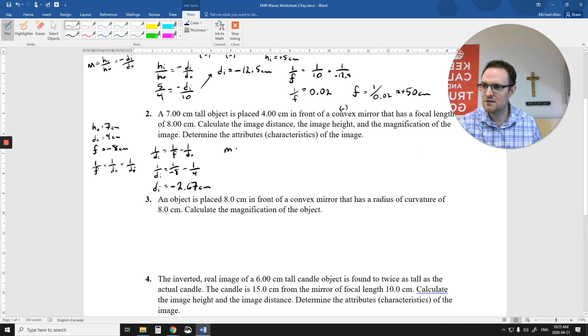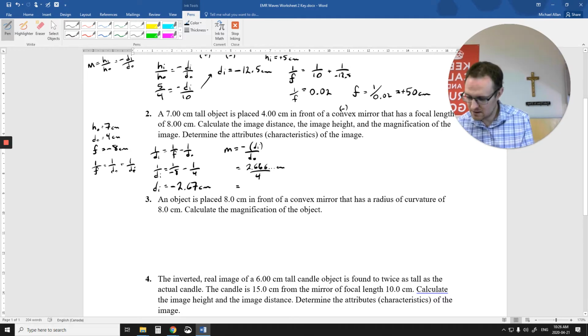The magnification might be useful to find the height as well. Since we know the di, which is negative, the magnification formula is negative di over do. There's going to be a negative eventually. So this is negative of negative 2.666 repeating, divided by my do of 4 centimeters.